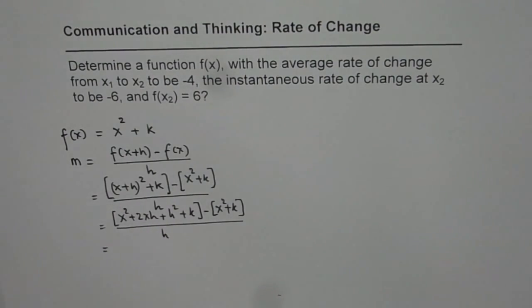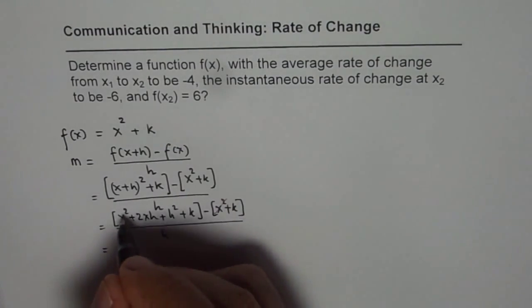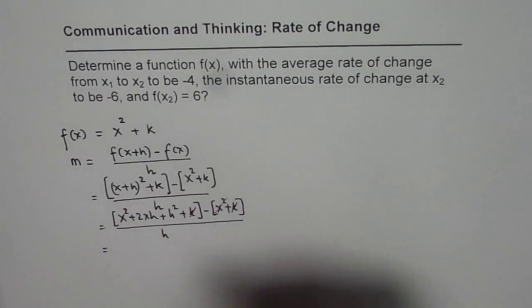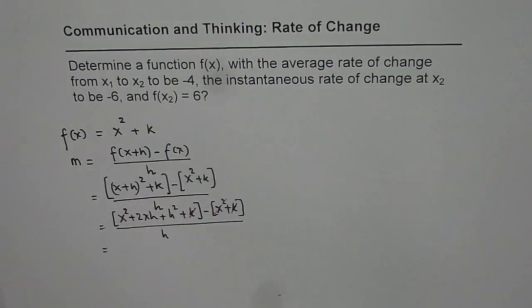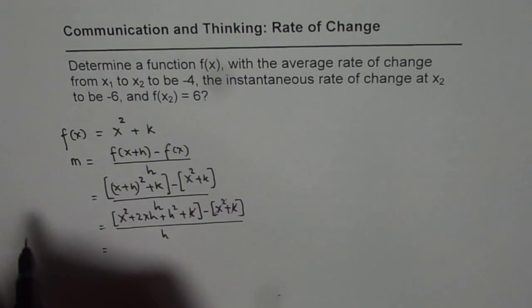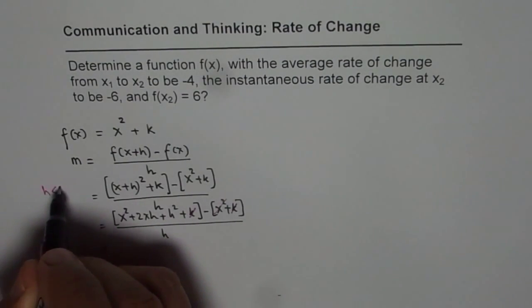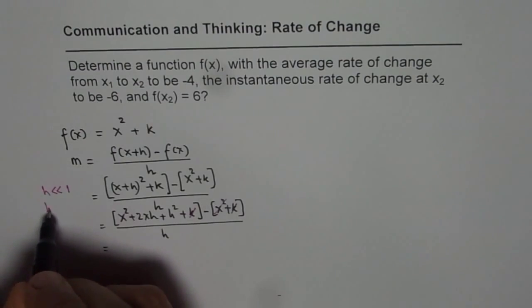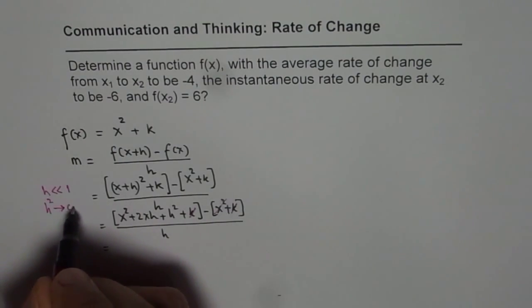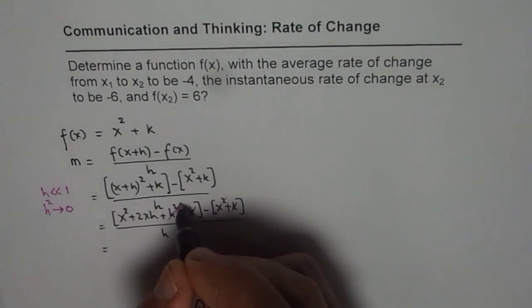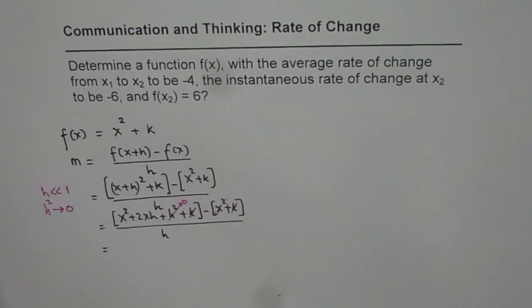Simplifying, we know these two terms will cancel, right? And we also know that since h is very, very small compared to 1, h squared will be approaching 0. So we'll consider that to be almost 0. What are we left with?